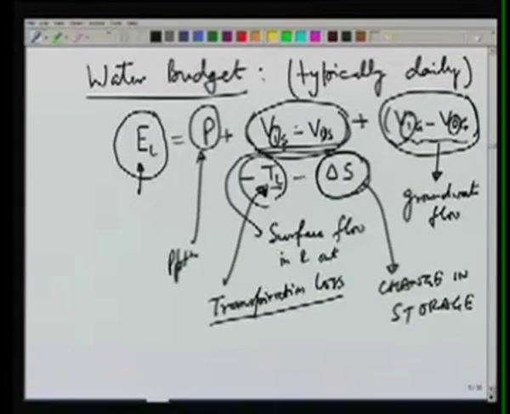Precipitation is easy to measure, and surface inflow and outflow are also comparatively easier to measure. But the component which includes groundwater flow, inflow and outflow, is not so easy to measure. Transpiration loss is also not easy, but since it's very small, most of the time we can ignore it. Delta S is easier to measure.